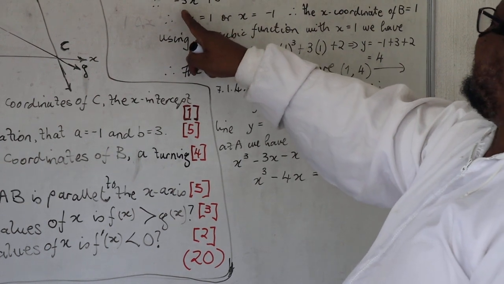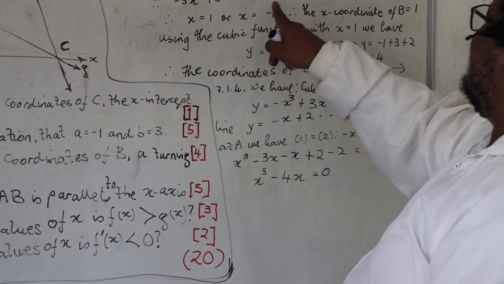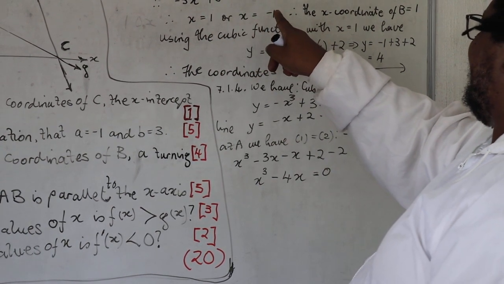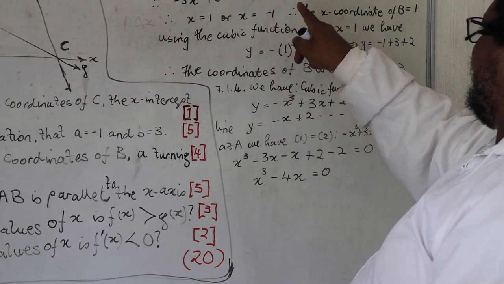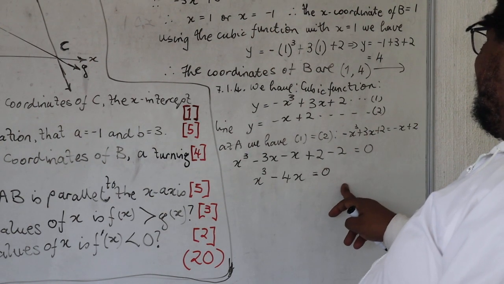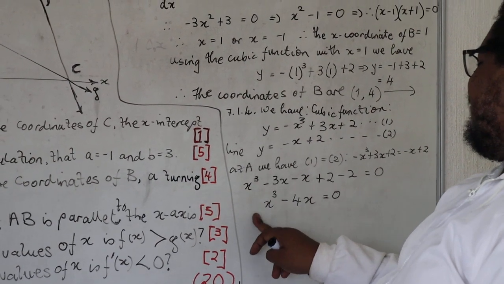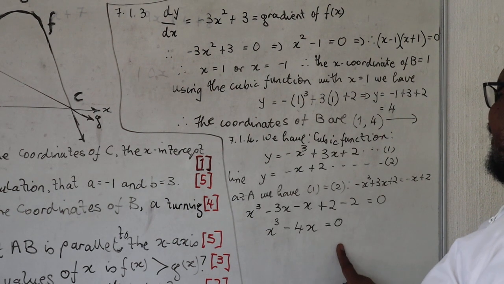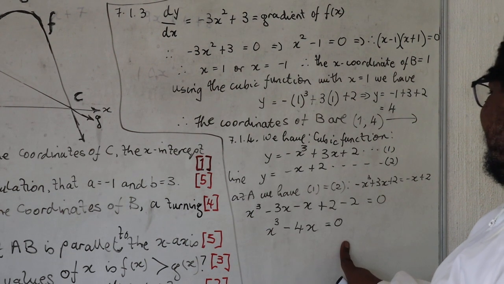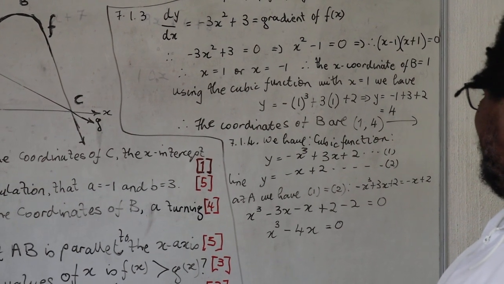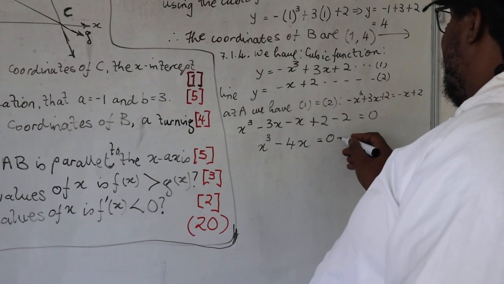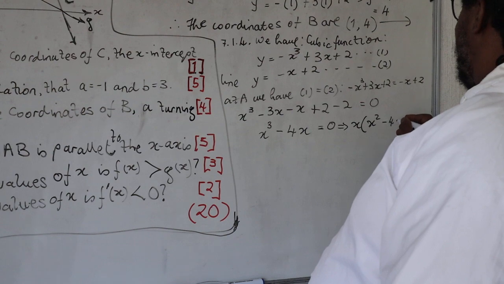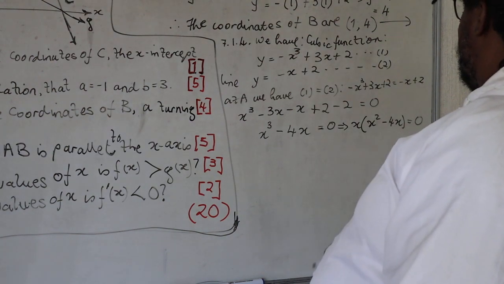And at the top here we had the minus 3x squared plus 3 is equal to 0, and we divided throughout by minus 3 in order to get x squared minus 1. Here you can't divide by x, because if you do that you will lose a solution. X is equal to 0 is a solution to this equation. So if you divide by x, you will lose that solution. In order to avoid that, we factorize x out first, and we have x times (x squared minus 4) is equal to 0.